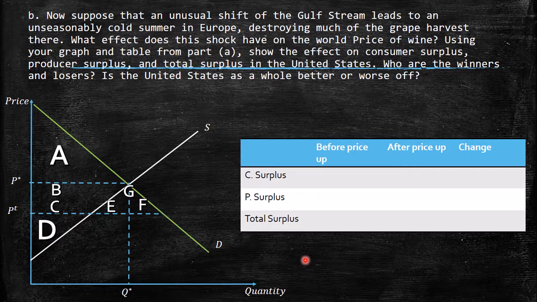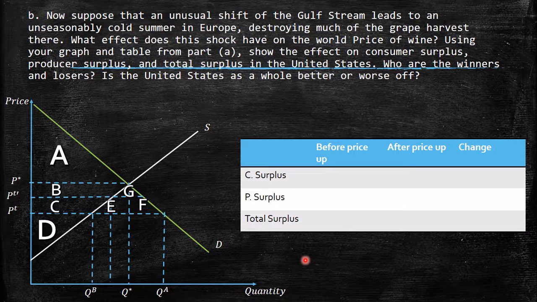Remember there was a PT, which was the world price before the weather problem. So this was QB, the quantity produced by the domestic producers, and QA was the demand from the United States, and this difference was the imports. Now this PT prime represents the change of the world price after the cold summer in Europe.